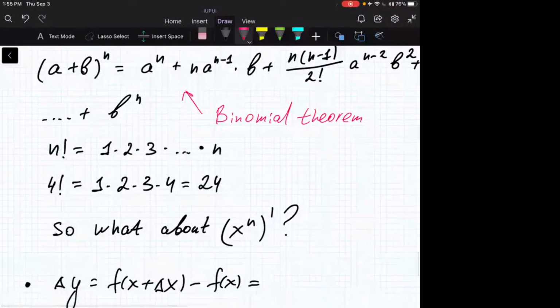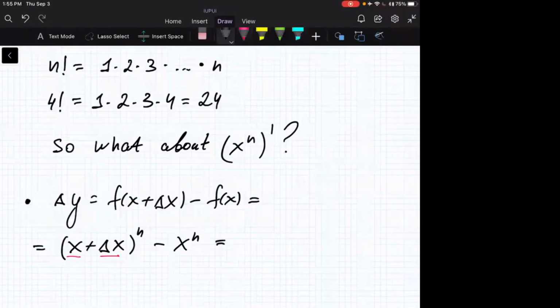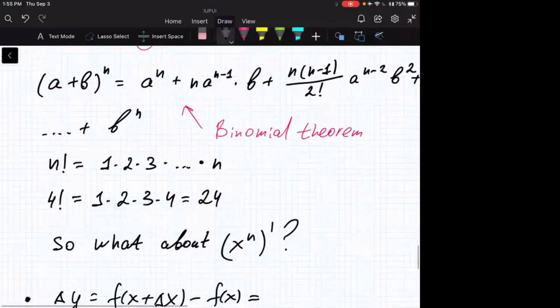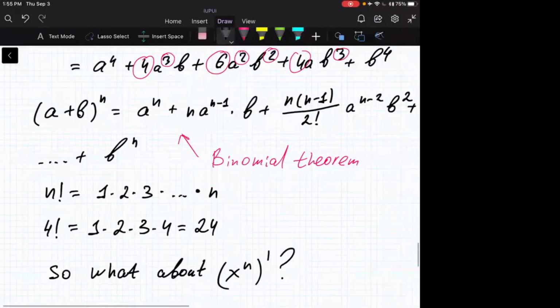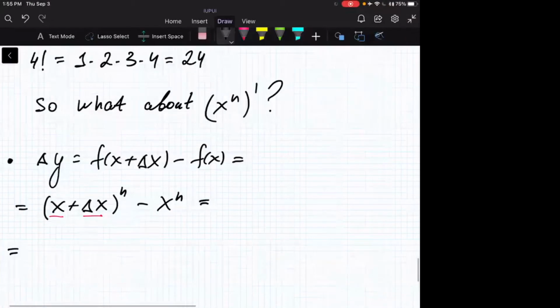So we have exactly the same situation where we can apply binomial theorem. And so let's do that. So I just write binomial theorem where my a is x and my b is delta x.